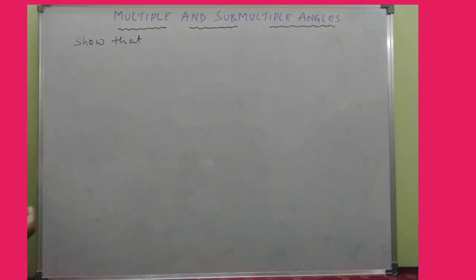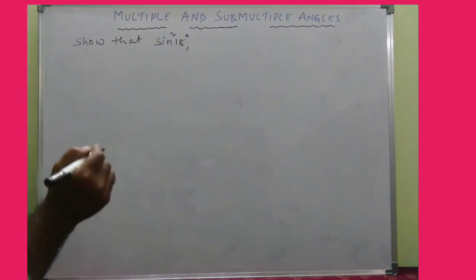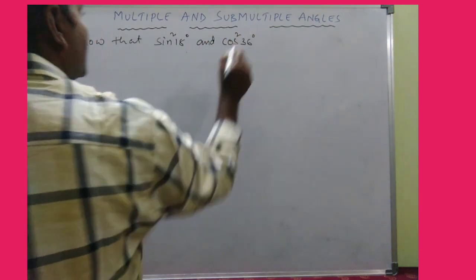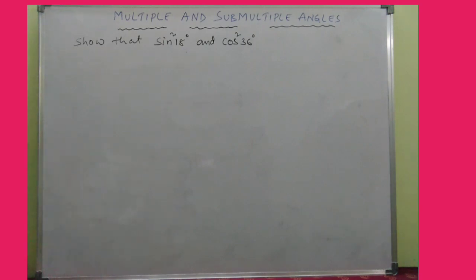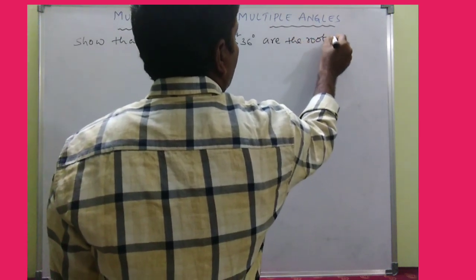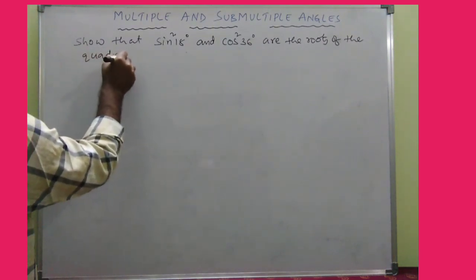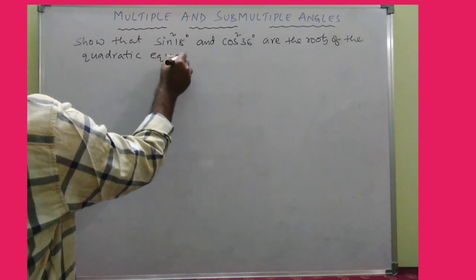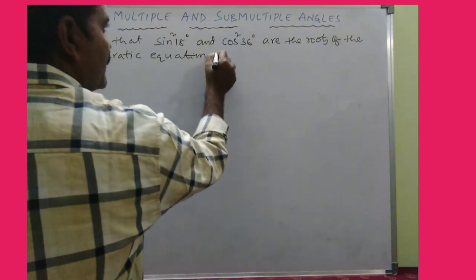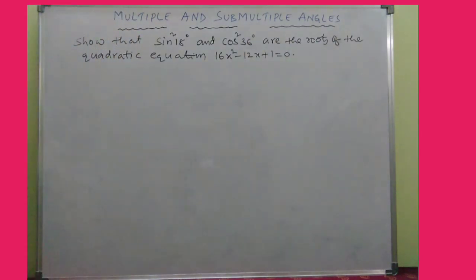So next question, show that sin square 18 degrees and cos square 36 degrees are the roots of the quadratic equation 16x square minus 12x plus 1 is equal to 0.